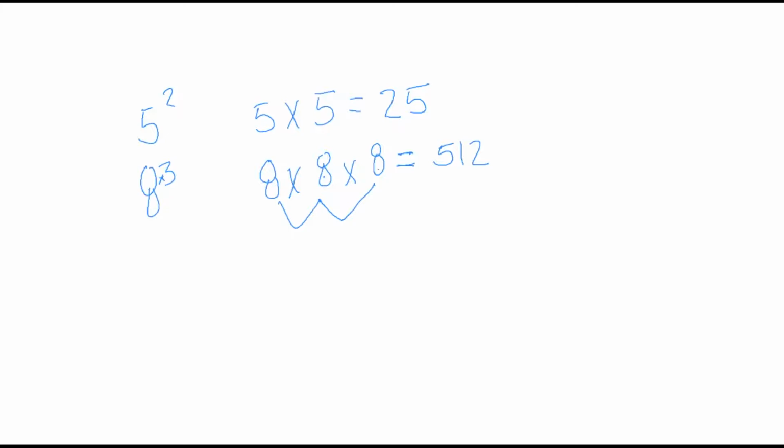Now let's look at one more. Let's put 6 to the 5th power. And so that's going to be 6 times 5 times 5, I mean 6 times 6 times 6 times 6 times 6. So 6 times 6 is 36.